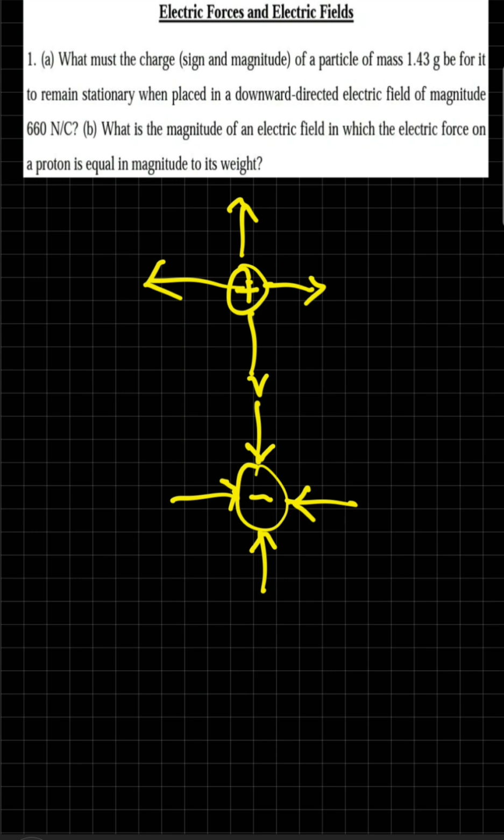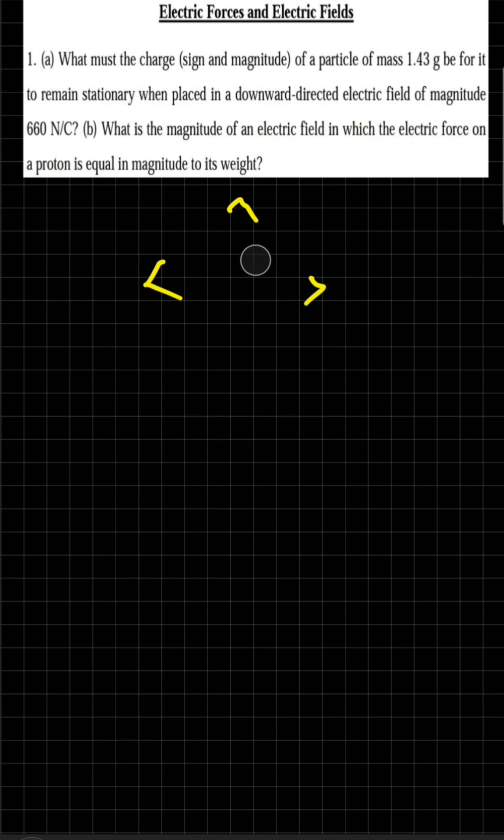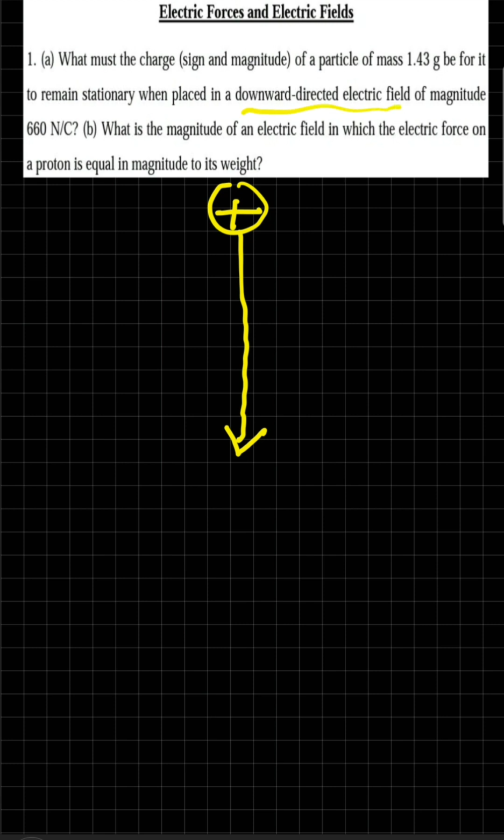Okay? So we need to find a way in which we can manipulate this knowledge and form electric fields that move downwards. What I mean is this. Since we understand that for positive charges, the electric field moves outward, that means if we put a positive charge over here, we'll have an electric field projected downward, as the question says.